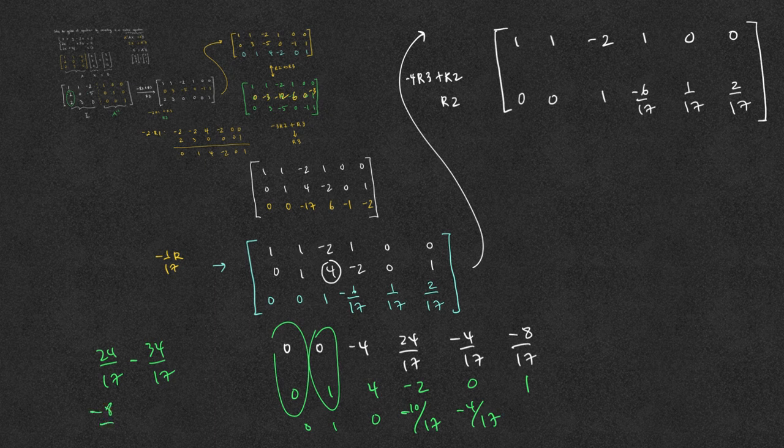Negative 8 over 17 plus 1 is the same as negative 8 over 17 plus 17 over 17, and this is positive 9 over 17. The second entry is therefore 0, 1, 0, negative 10 over 17, negative 4 over 17, 9 over 17.